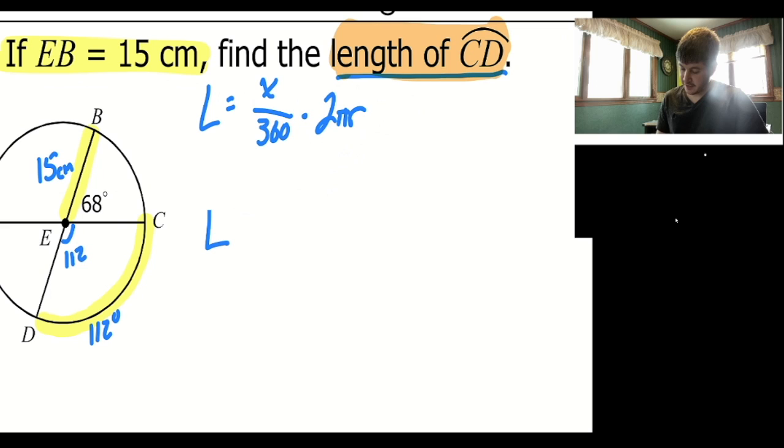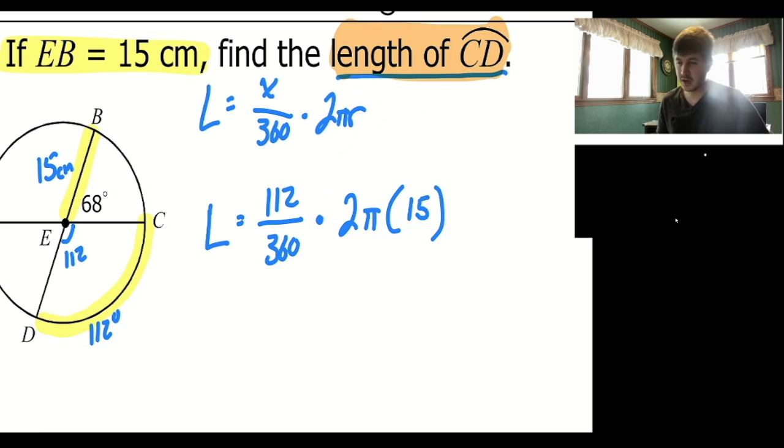This is the length of CD. X is the arc measure, so 112 over 360 times 2 pi times the radius, which is 15.